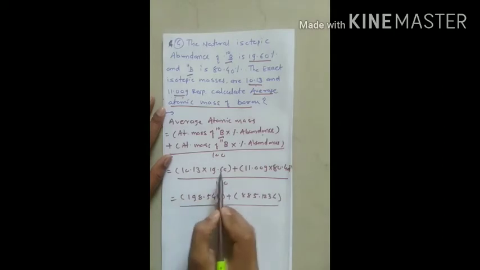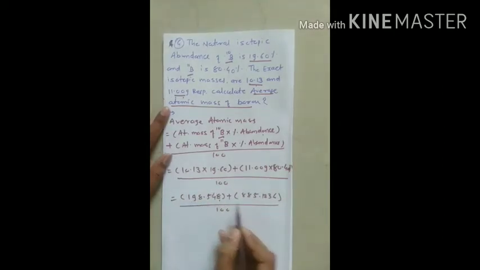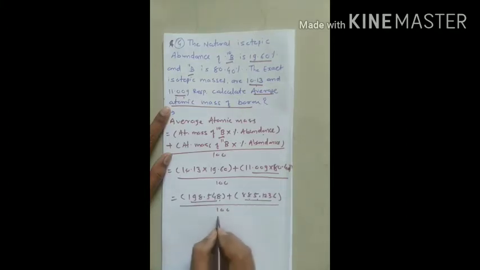If you solve this, you will get one term as 198.548, and for the other term you will get 885.1236. This is how you can simplify it, and the whole divided by 100.